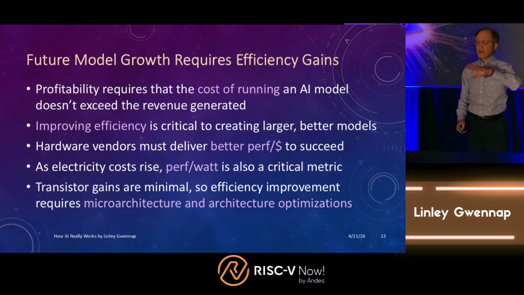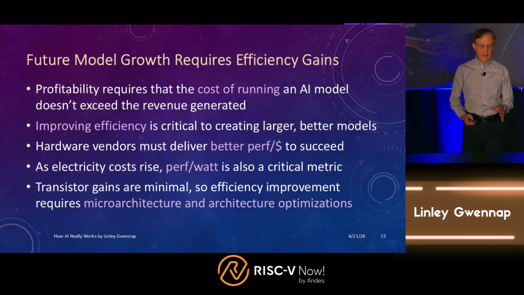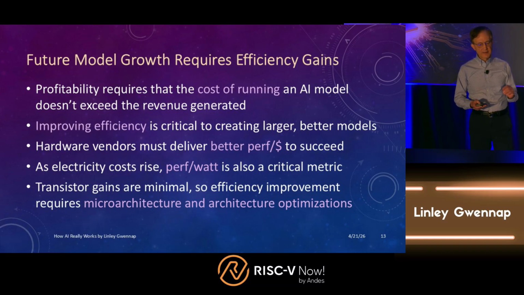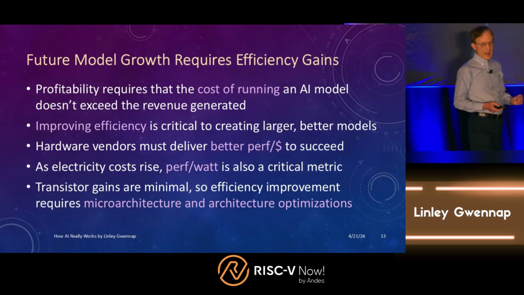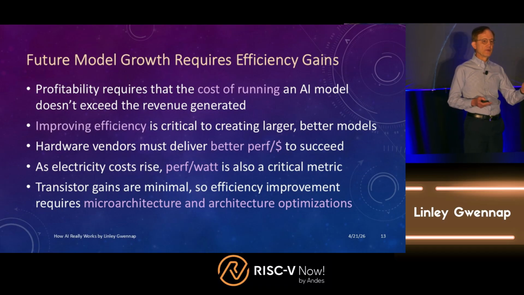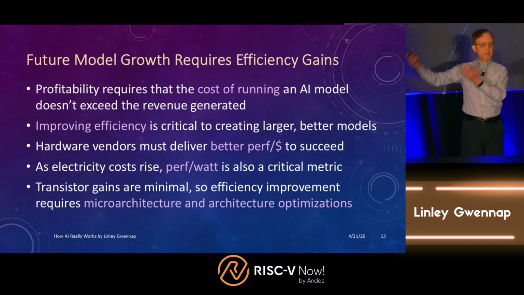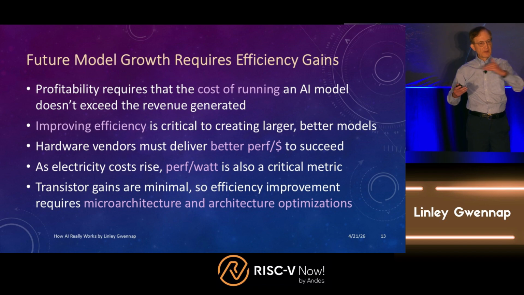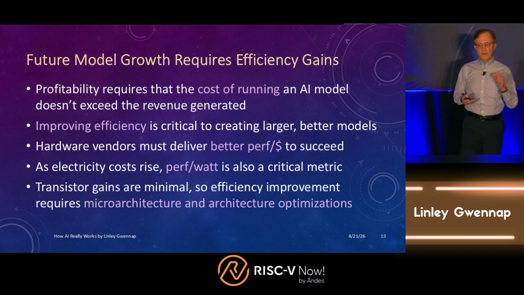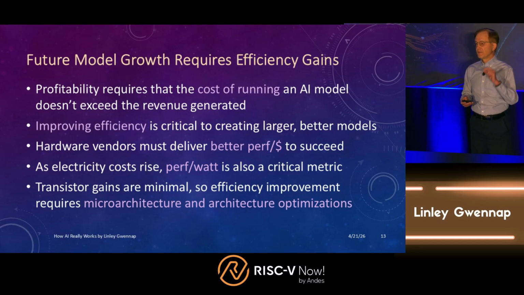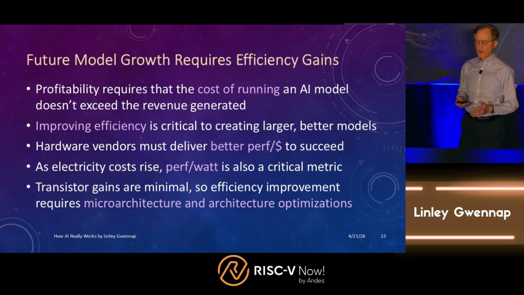So because of these economic constraints, in order to be profitable, the cost has to be matched with the revenue. And in order to improve the model, in order to make the model bigger, you have to be able to do that at the same cost. So the one way to do that is to improve the performance per dollar of executing a model on the hardware.